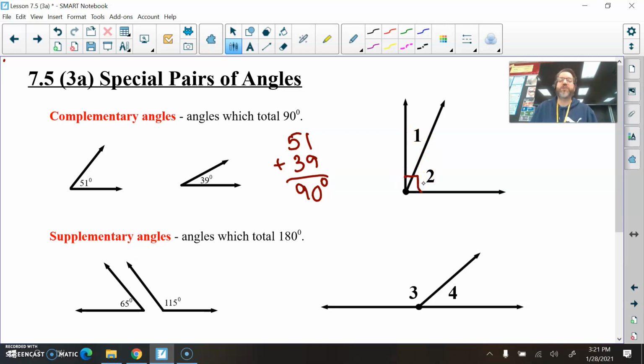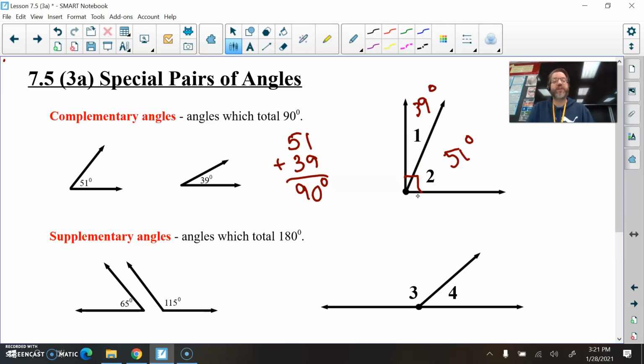Okay, that's where you normally would see your 90 degrees. So angles 1 and 2 are complementary angles. Okay, so imagine this was 51 degrees and this was 39 degrees. Well, they're complementary angles because they total that 90 degrees that you see right here.